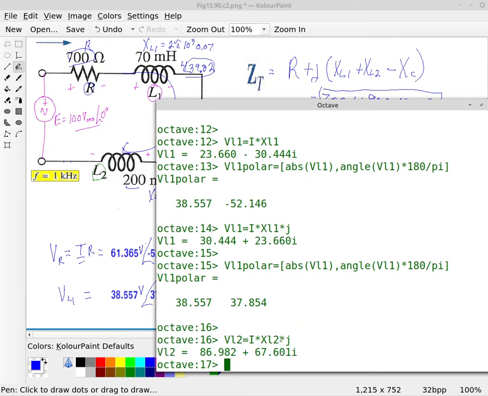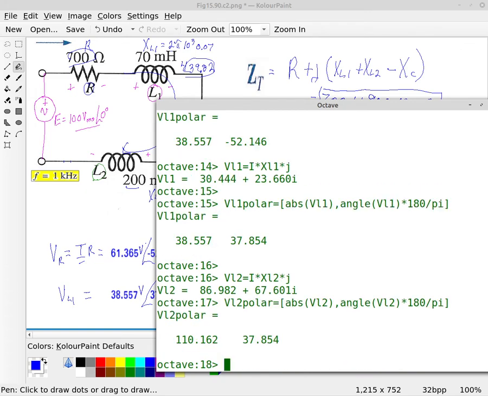But remember, again, we do have to make sure we include the J, the phase shift of 90 degrees. This is the rectangular form of that. And then if we go to the polar form, we just need to change the 1s to 2s, and make sure you don't miss any of them, or you'll be off a little bit. This gives us the phase angle and the magnitude.